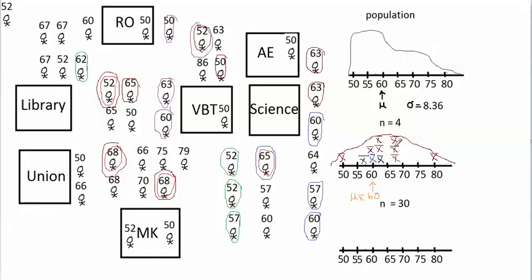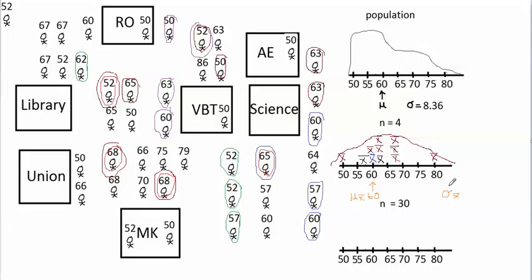And the sampling distribution has its own standard deviation. And there's actually a special term for the standard deviation of a sampling distribution. It's called a standard error. So the standard deviation of a sampling distribution is called a standard error.